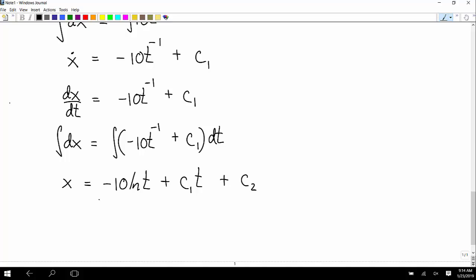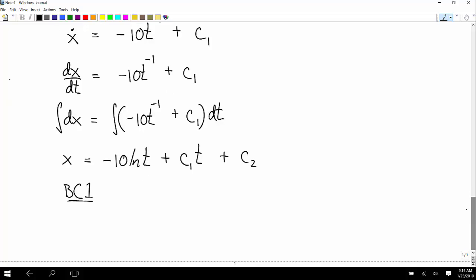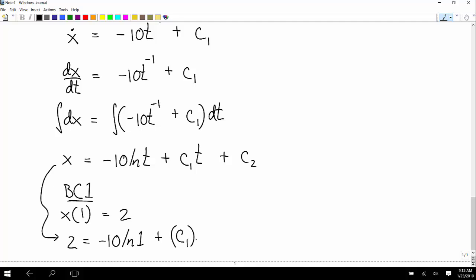The first boundary condition says x when time is equal to 1 is equal to 2. And so plug that into this equation and you get 2 is equal to negative 10 natural log of 1 plus 1 times c1 plus c2.